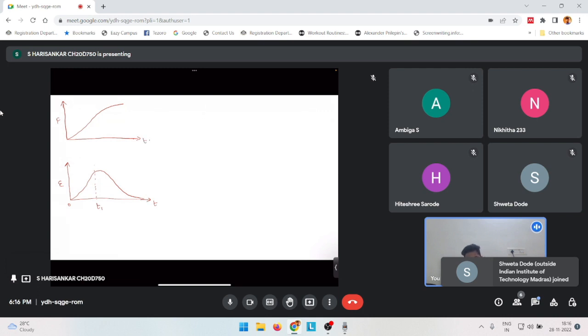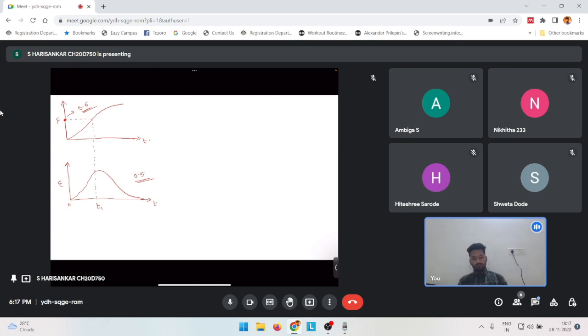You can just extend it to this F curve, and you can find the corresponding value of F here using this extension. So let's say this area is 0.5 or 50%. Then if you extend it from this E curve to the F curve, you will get some value here. Just for simplicity, we'll say this is 0.5. So you can extend this E curve to the F curve like this, because both of these represent the fraction of material leaving the reactor at a given time, and that time here is t1.